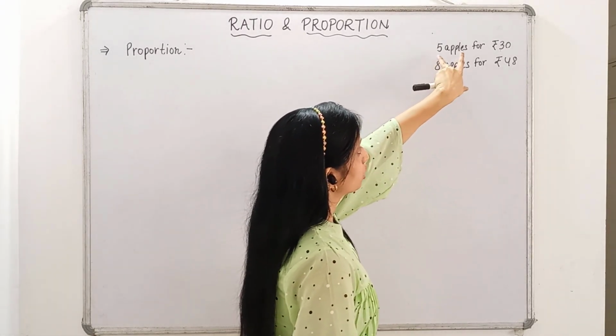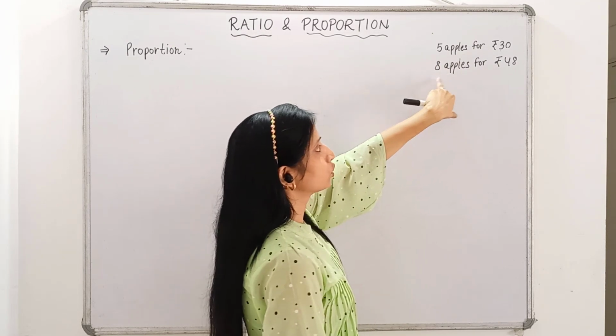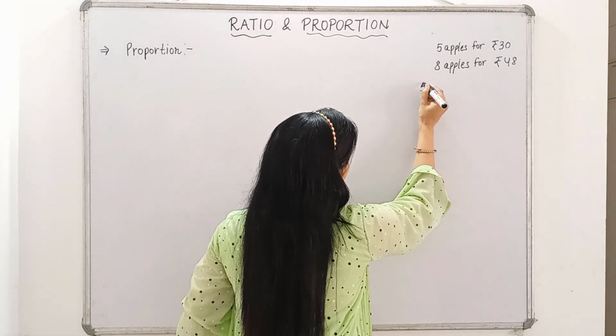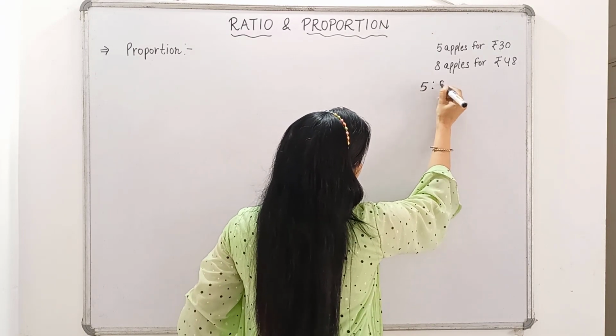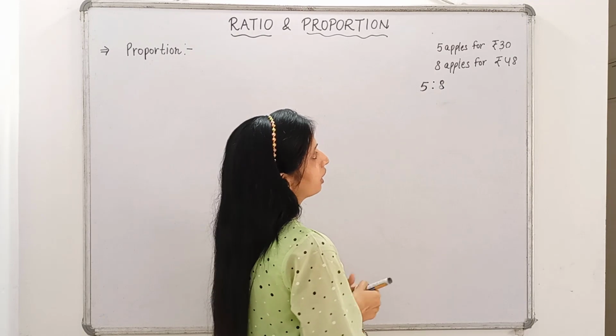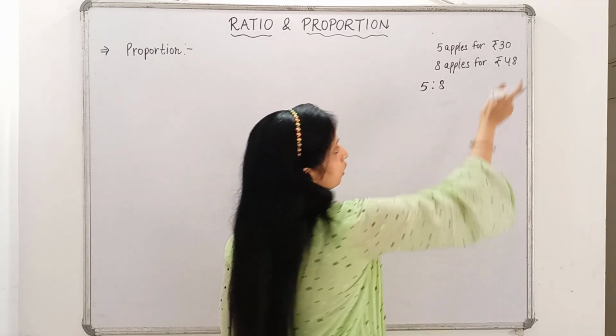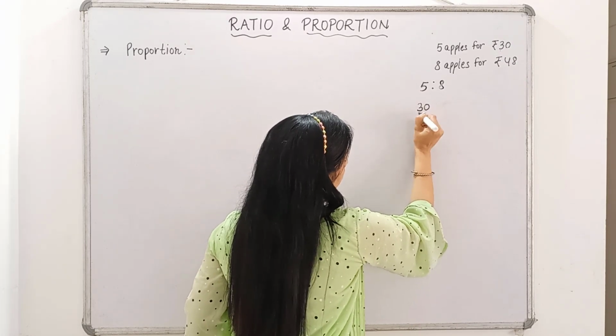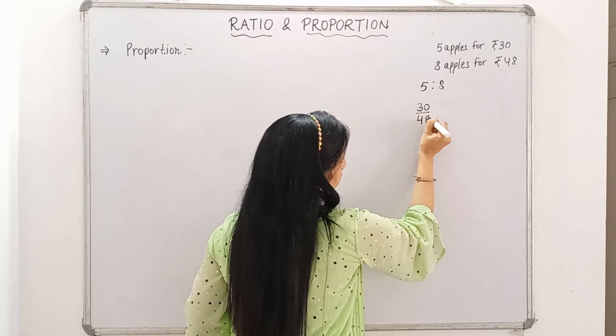So what is the ratio of 5 apples to 8 apples? The ratio of 5 apples to 8 apples will be 5:8. Okay. And the ratio of 30 rupees to 48 rupees will be 30/48.